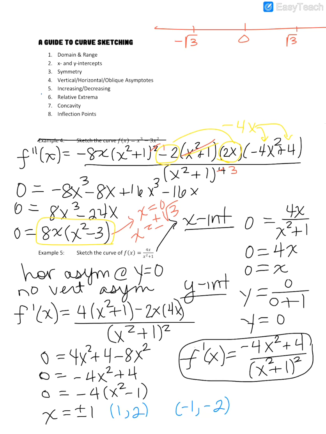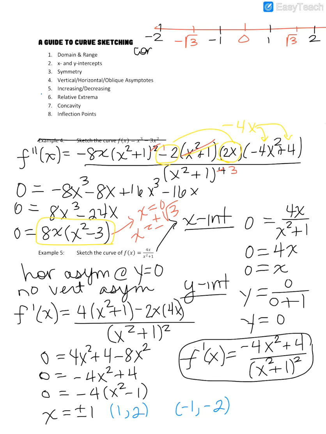All right, so we're going to try testing out some values here. The square root of 3 is like 1 point something. So if I use -2 for a test value, and then I could use 2, I could use 1, I could use -1. Those are fine values to test. All right, so if I plug in my -2, I'm going to get a negative.